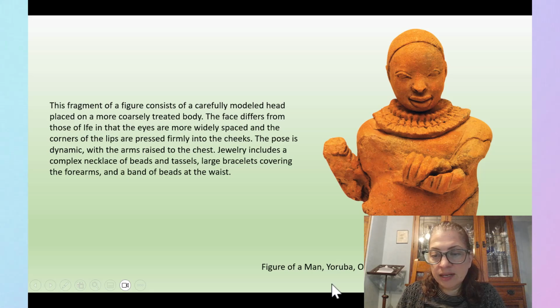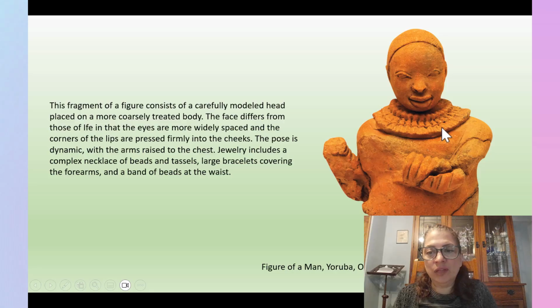And now we move forward a little bit. Now, look at this. Now we're at the early 15th century, 1400s, right? And all of a sudden we see this figure that actually looks less realistic. The mouth, the eyes, the nose, the features of the face, they don't really look so realistic anymore. And this is in terracotta clay. This necklace is very complex, made out of beads and tassels.